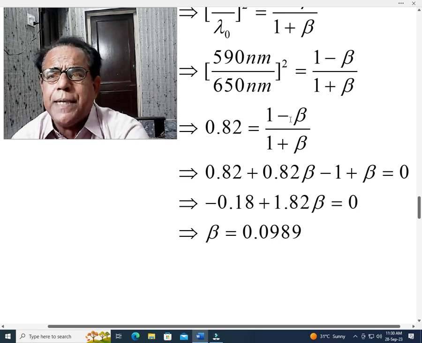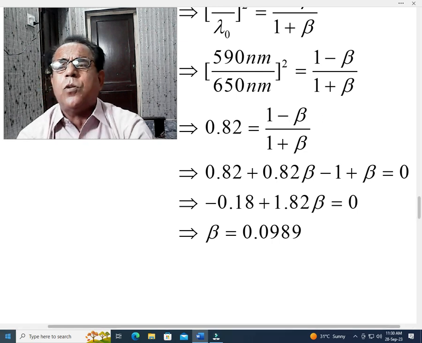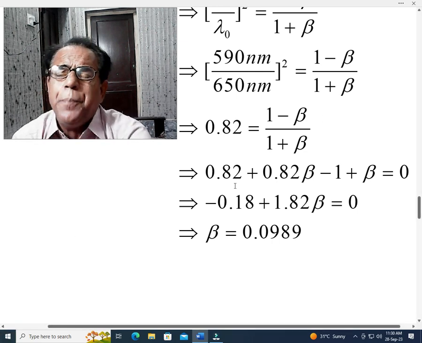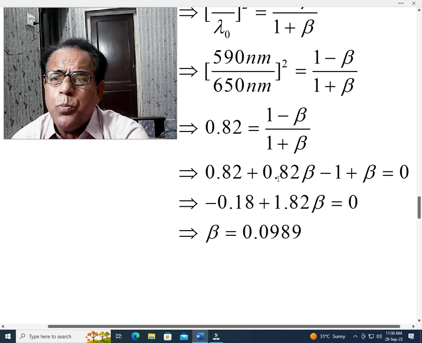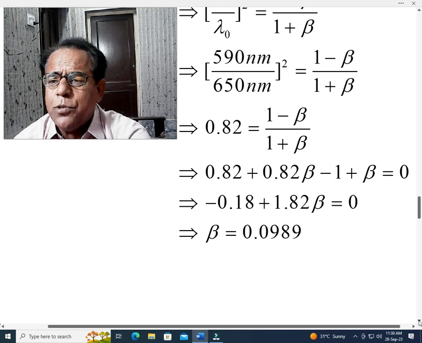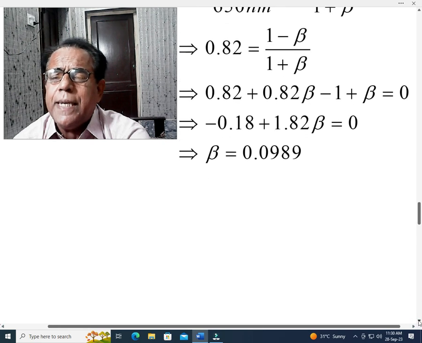It will become beta minus 1 on the other side of equality. So it will become 0.82 plus 0.82 beta minus 1 plus beta equal to, this implies that minus 0.18 plus 1.82 beta equal to, this implies that beta is equal to 0.0989. Our part A has been solved, our case 1 has been solved.